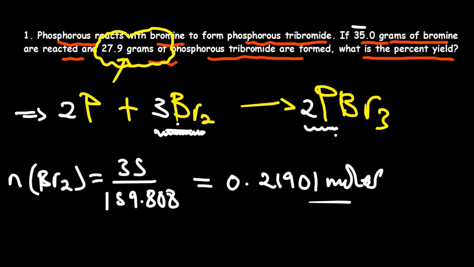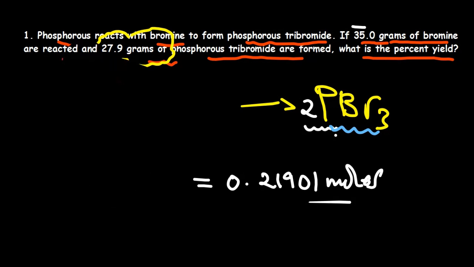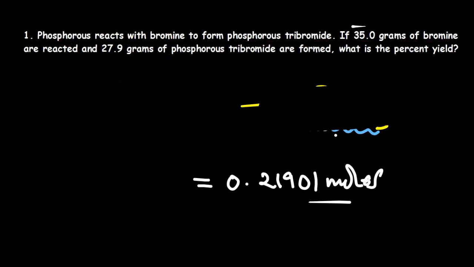Now we can get the molar ratio of the bromine to the phosphorus tribromide. The molar ratio is 3 to 1 there. Let me create some space here. I mean 3 to 2, not 3 to 1. So the molar ratio is 3 to 2.